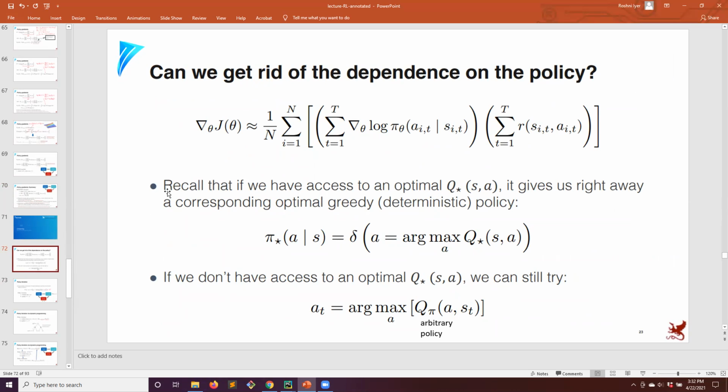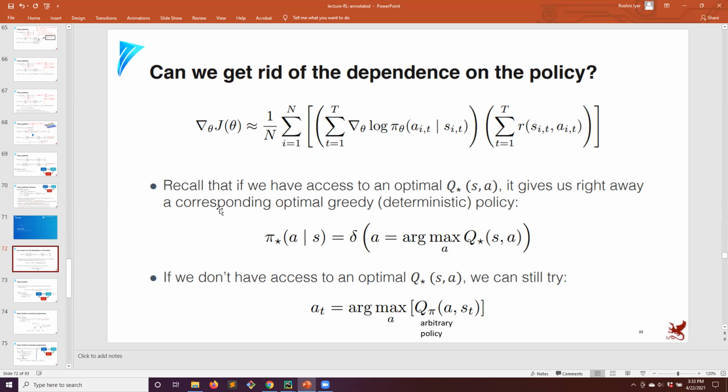So one thing we need to see is what kind of relationship we can establish between the policy, the Q function, and the V function. And this will help us get rid of this dependence on the policy.